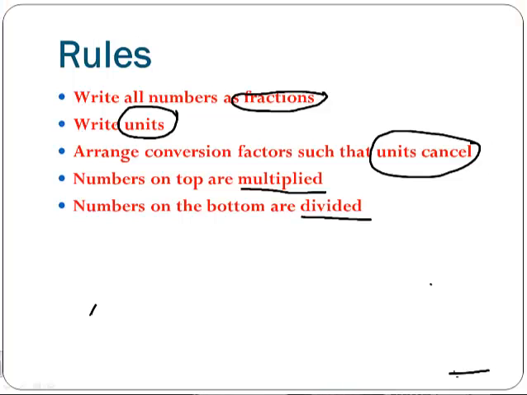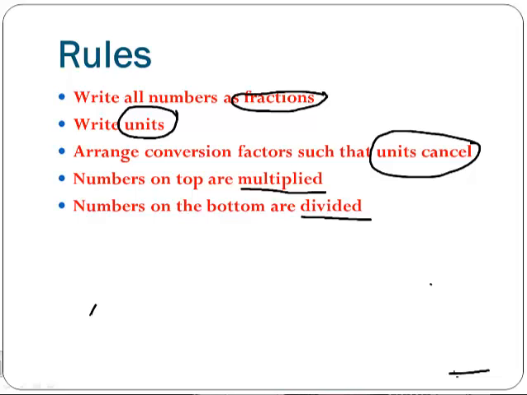All right, first of all, I've already circled and underlined some of the important aspects here. Pause and write the rules. And now, let's talk about them. All the numbers that you write in dimensional analysis will be written as fractions. You must write all of the units, always.